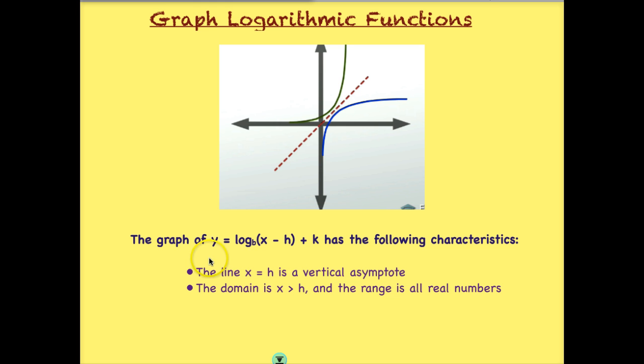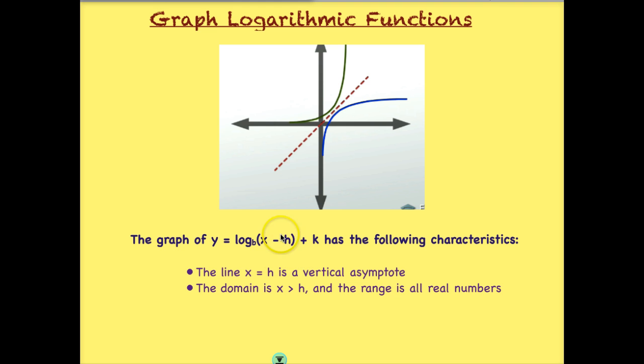Notice that the graph of y equals log base b of (x minus h) plus k, the general form here with transformations, has these characteristics. Look at our asymptote for the blue function, the logarithmic function. It would be the line x equals h.